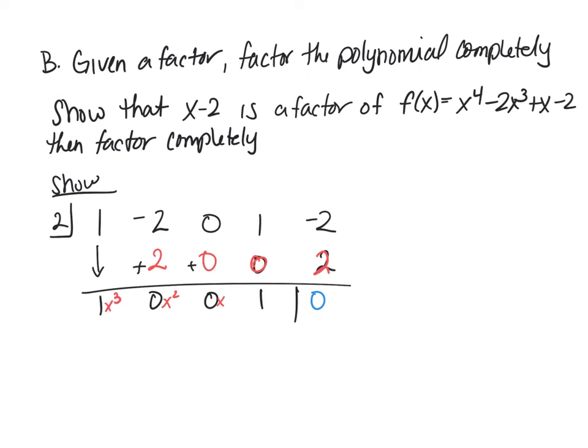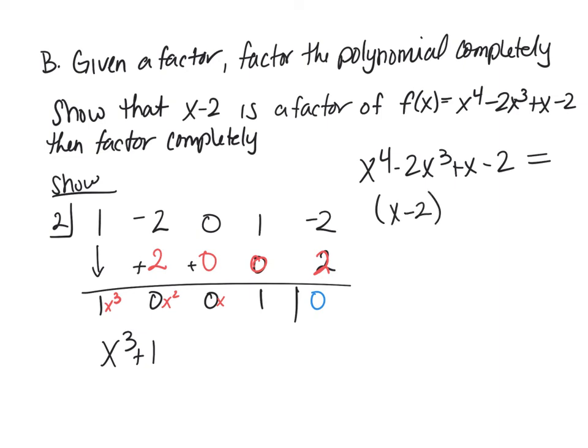So my polynomial is x cubed plus 1, which means that so far x to the 4th minus 2x cubed plus x minus 2 is equal to x minus 2, that's my original factor, and then times x cubed plus 1. And now I need to factor completely.